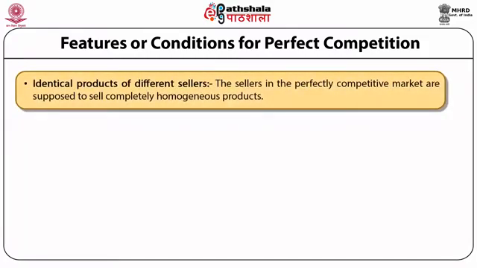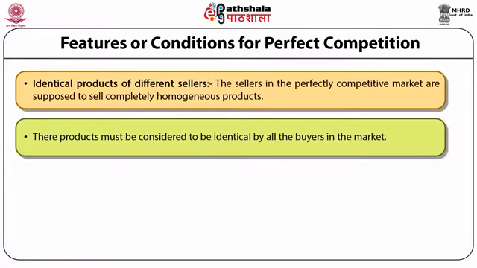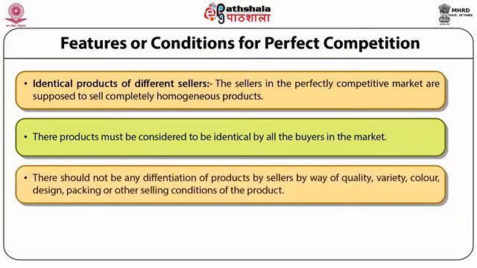Identical products of different sellers. The sellers in the perfectly competitive market are supposed to sell completely homogeneous products. These products must be considered to be identical by all the buyers in the market. There should not be any differentiation of products by sellers by way of quality, variety, color, design, packing, or other selling conditions of product.